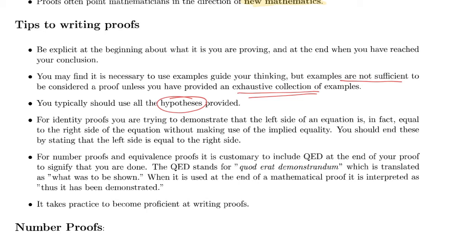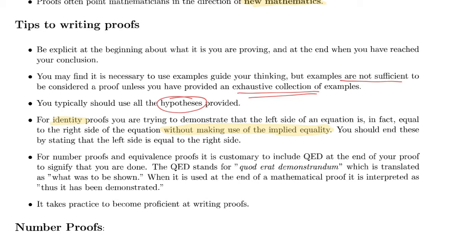For identity proofs, you are trying to demonstrate that the left side of an equation is in fact equal to the right side of the equation, without making use of the implied equality. In other words, without moving stuff back and forth across the equal sign. When you're working with an identity proof, you're trying to prove the equality, so you can't assume the equality.